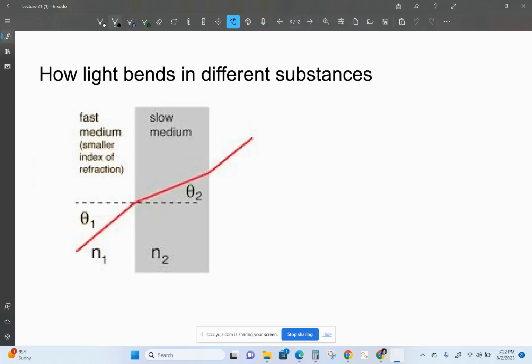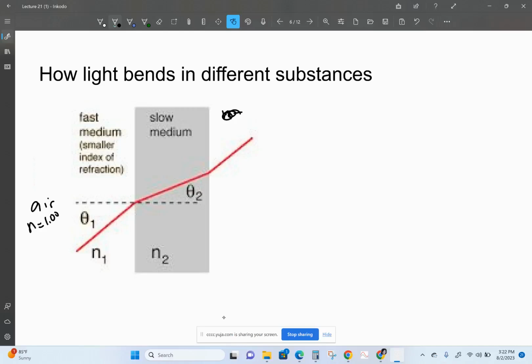All right. So let's talk a little bit about how light bends as it goes into different indexes. So first of all, let's go from air. This is air, which has an n of 1. So that means it's traveling at the speed of light.